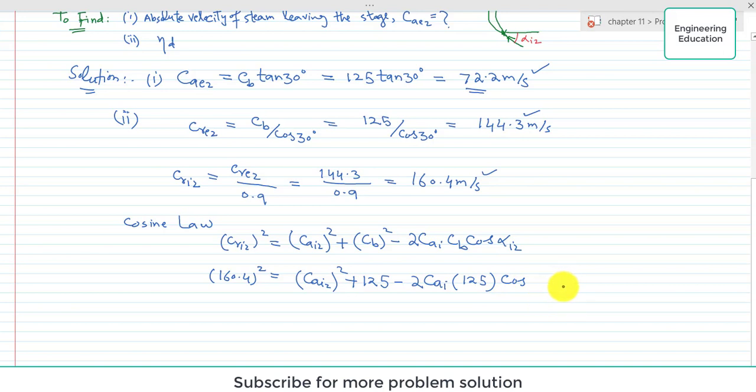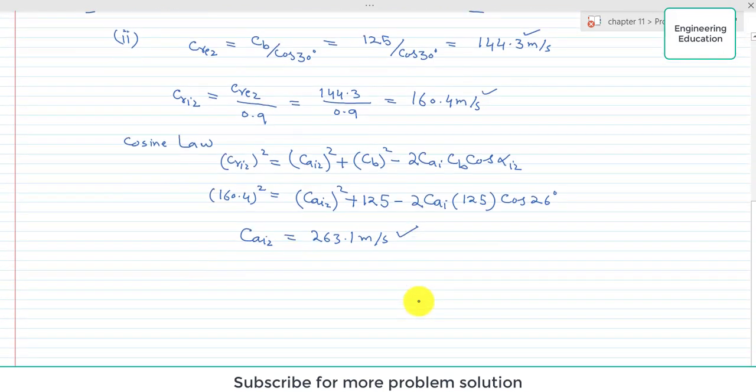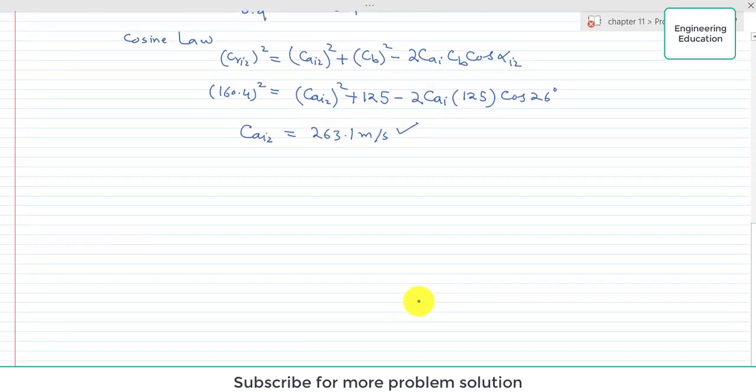So alpha I2 in this case is 26 degree as mentioned in the data. Solving it for CAI2, we get the value of CAI2 equal to 263.1 meter per second. So this is the value of CAI2.